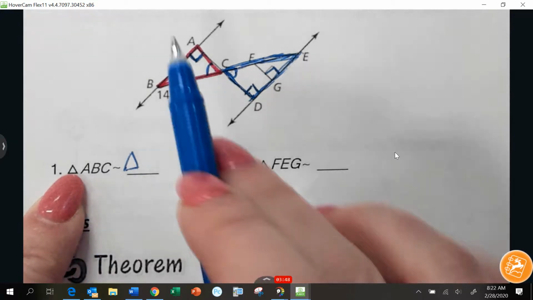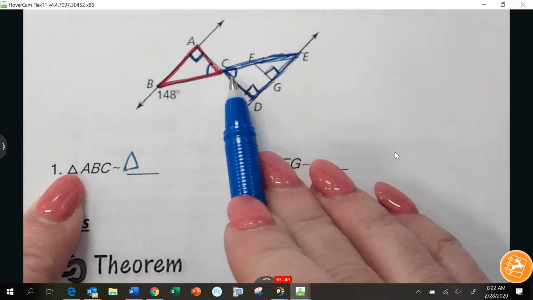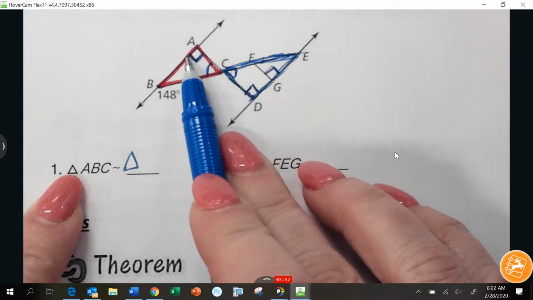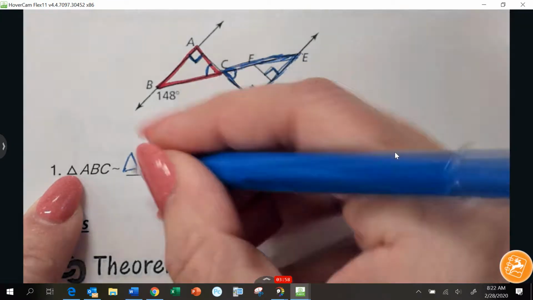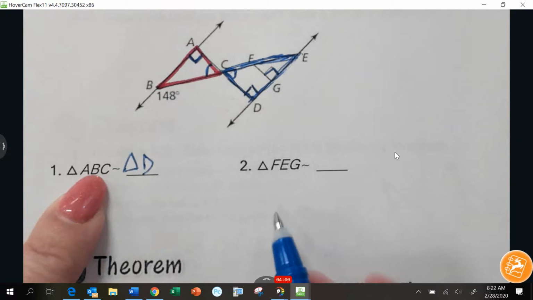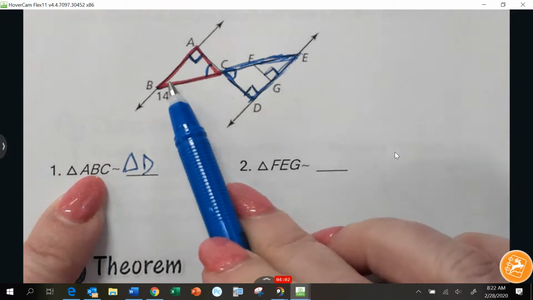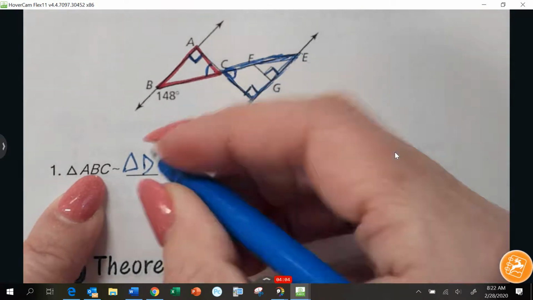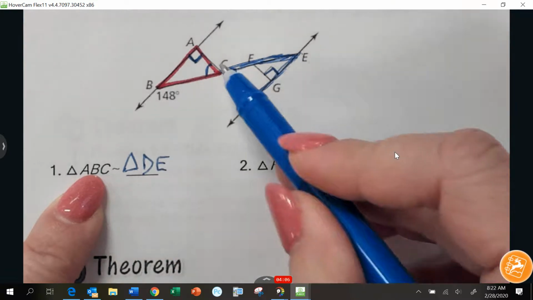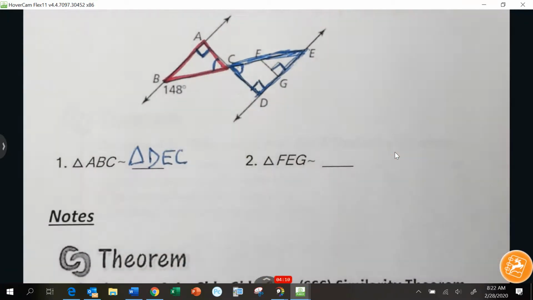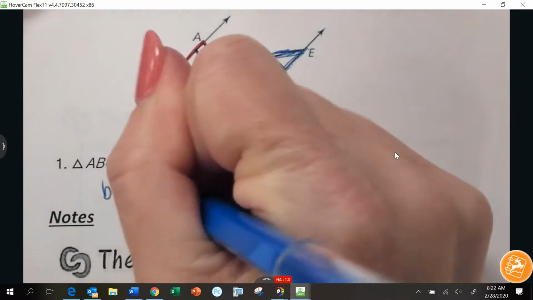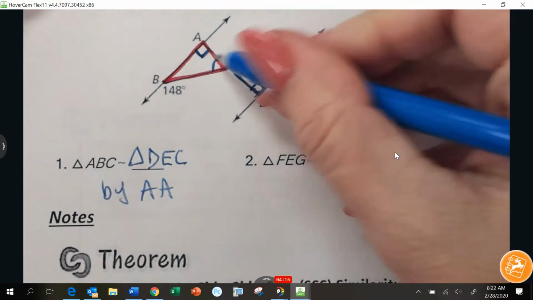Does A correspond to angle C? No. So what's angle A correspond to? Did you say D? Okay, so D. And then angle B is going to correspond to which angle? To E. And then that means angle C corresponds to angle C, right? And then that is by angle, because we found two angles that are congruent.